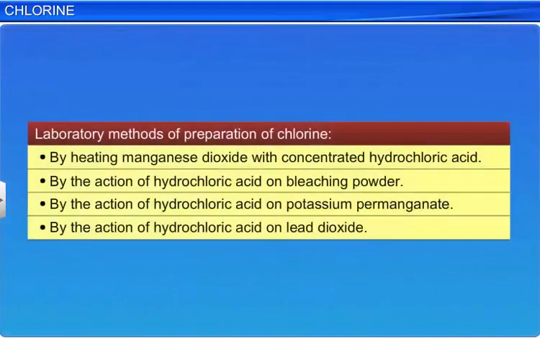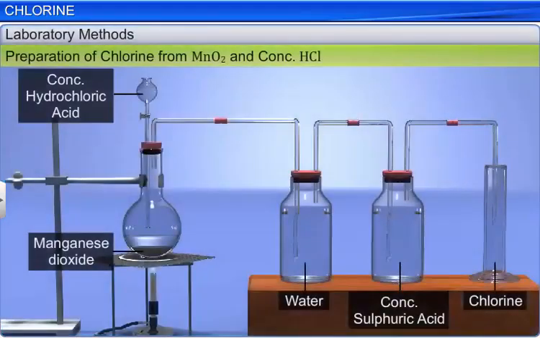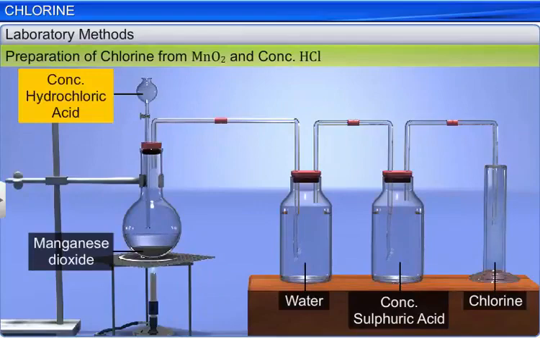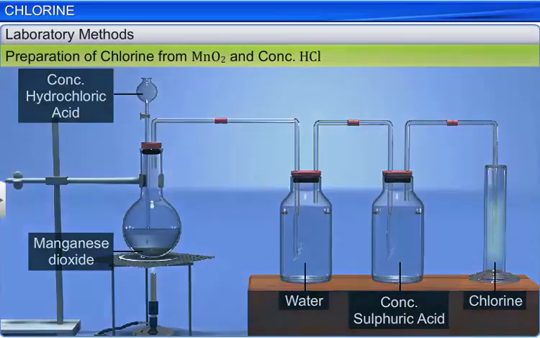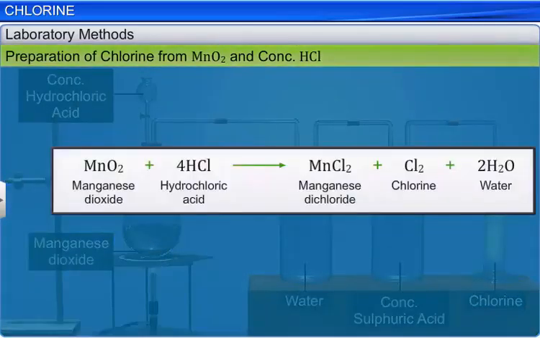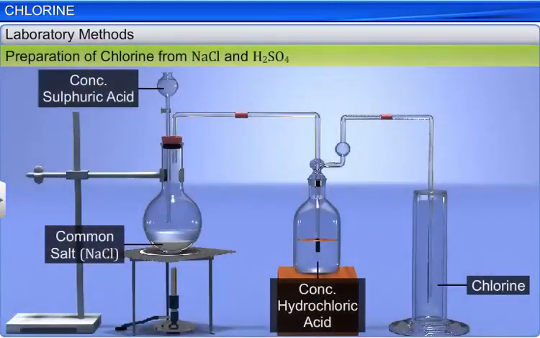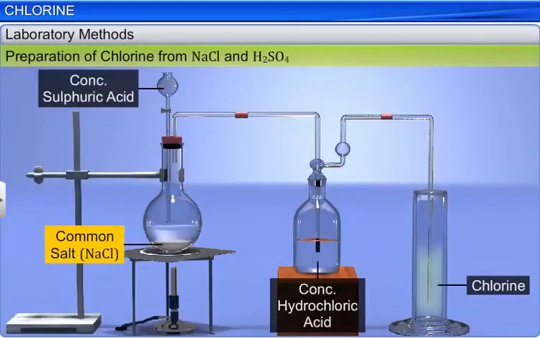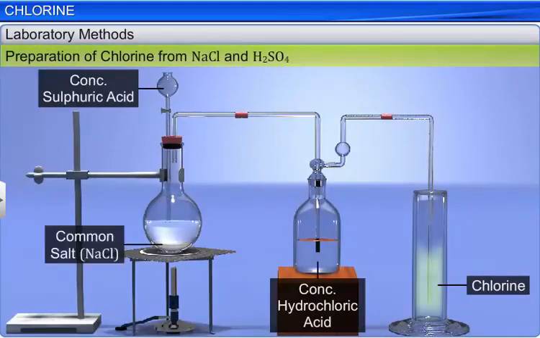In the laboratory, chlorine is prepared by one of several methods. The first method is to heat manganese dioxide with concentrated hydrochloric acid. However, a mixture of concentrated sulfuric acid and common salt is used in place of concentrated hydrochloric acid.